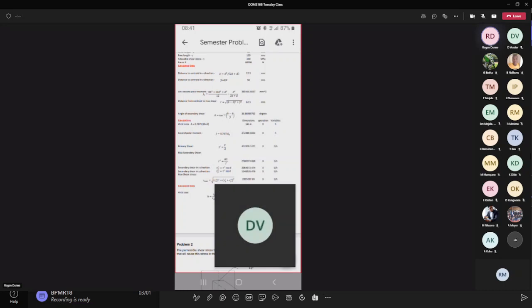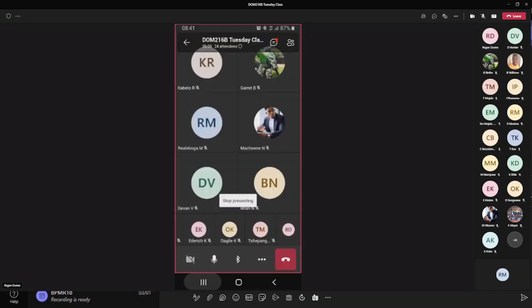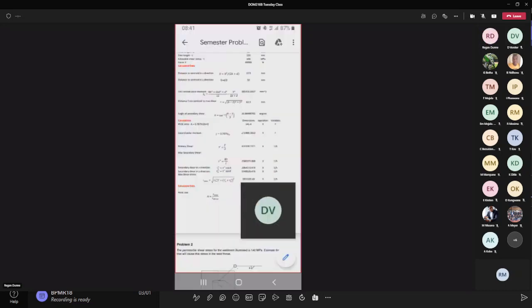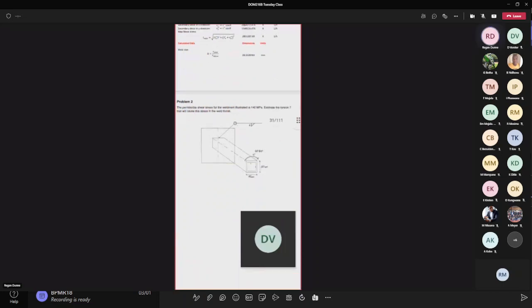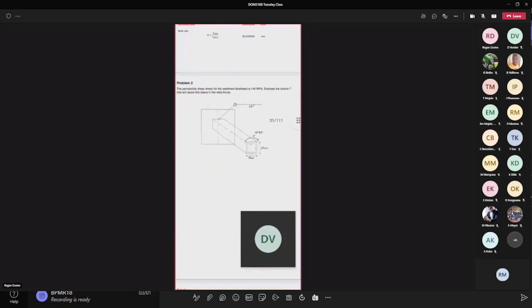Right, the next question I want you guys to have a look at is this question here. The problem states: the permissible shear stress for the weldment illustrated is 140 MPa. Estimate the torsion T that will cause the stress in the weld throat.